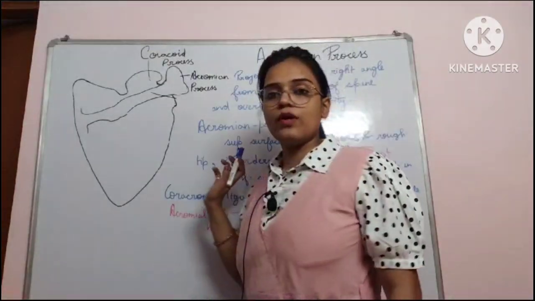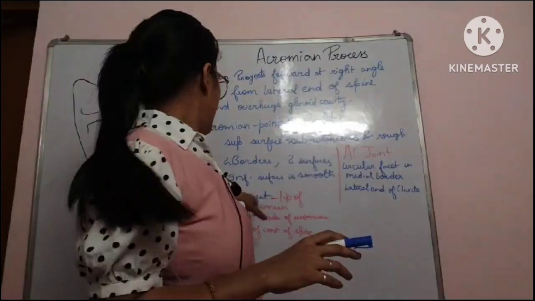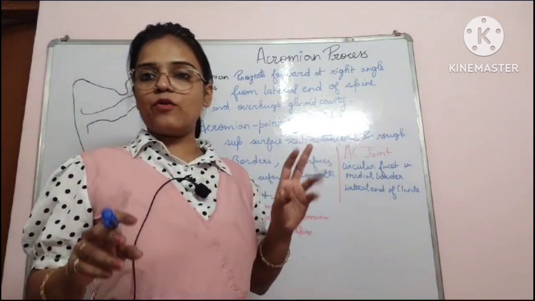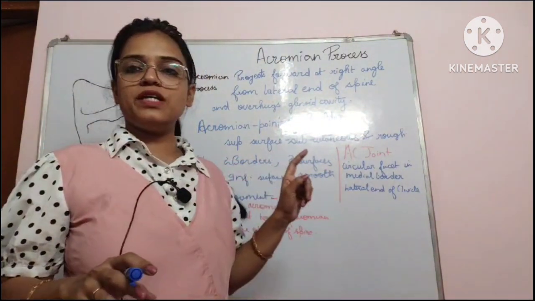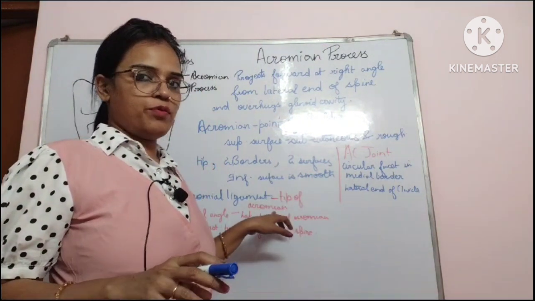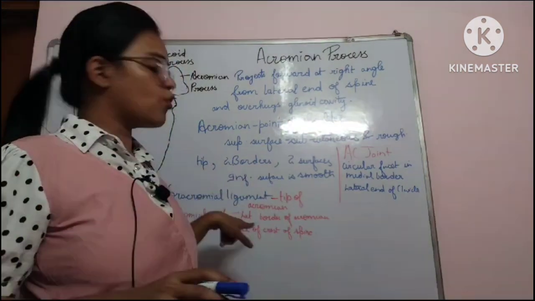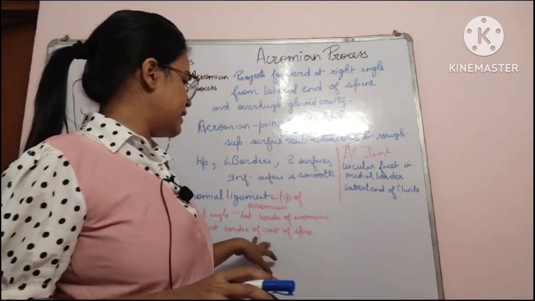First is coracoacromial ligament. It arises from the tip of the acromion process, and acromial angle you need to know. What is acromial angle?